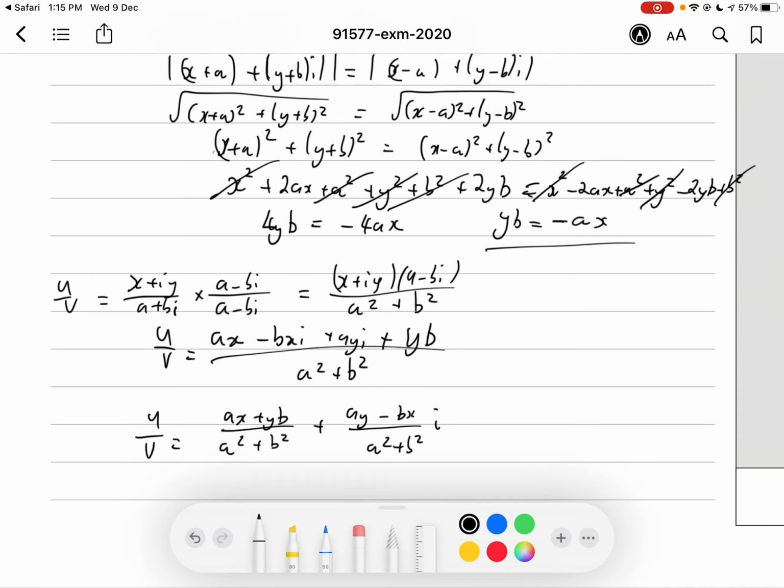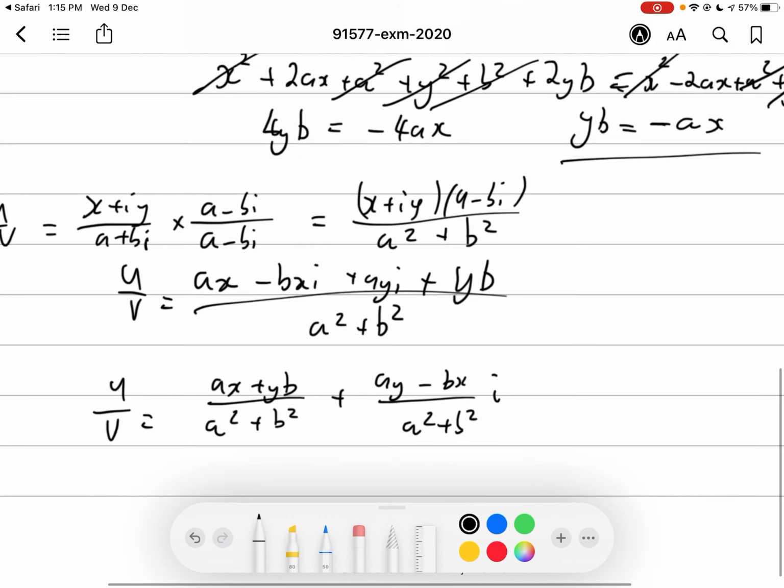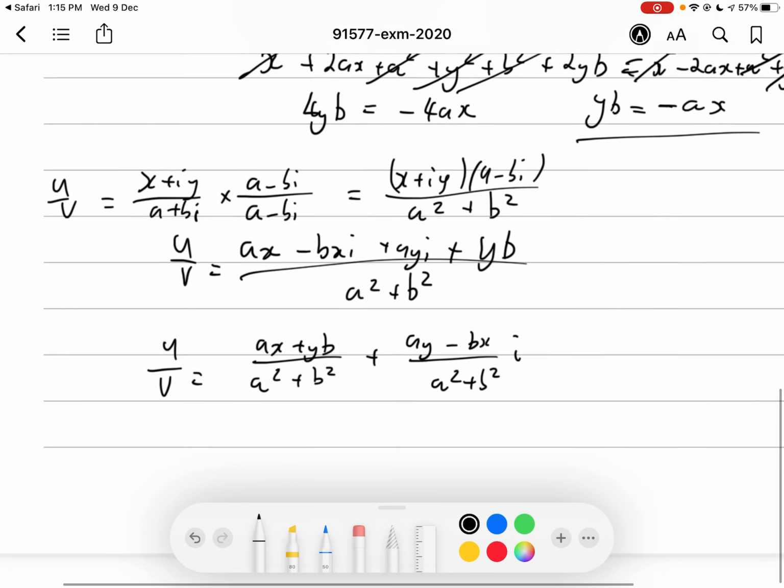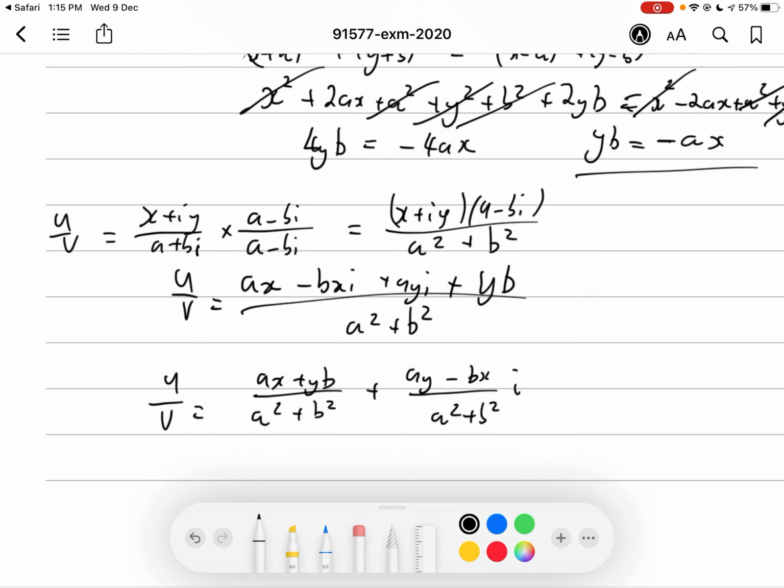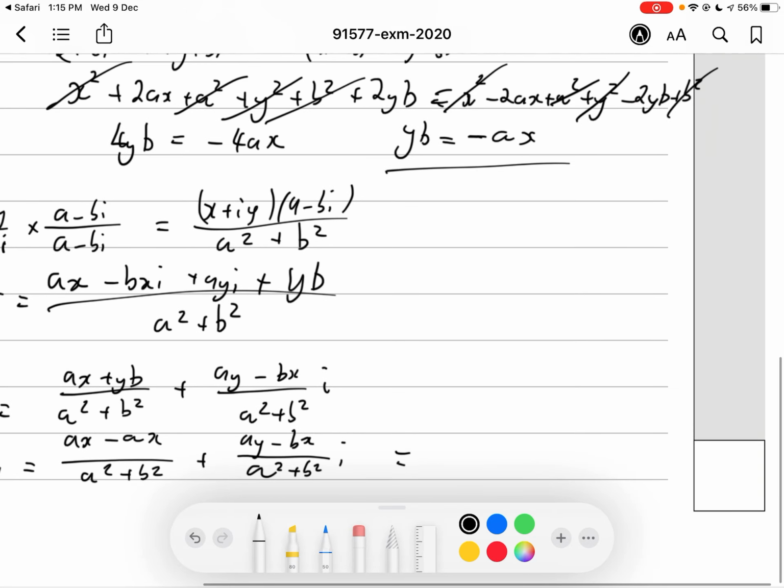We said that yb equals negative ax, so we can substitute that in. So u over v equals (ax minus ax) over (a squared plus b squared) plus (ay minus bx) over (a squared plus b squared) i. This will just give us (ay minus bx) over (a squared plus b squared) i.